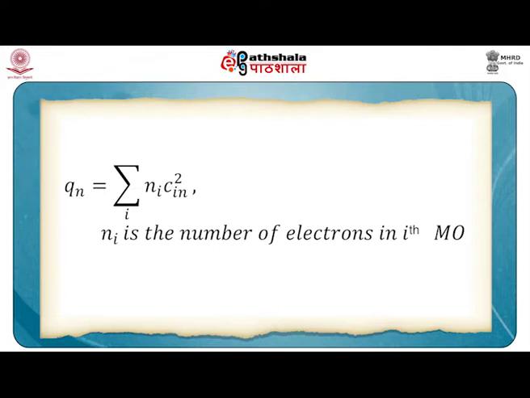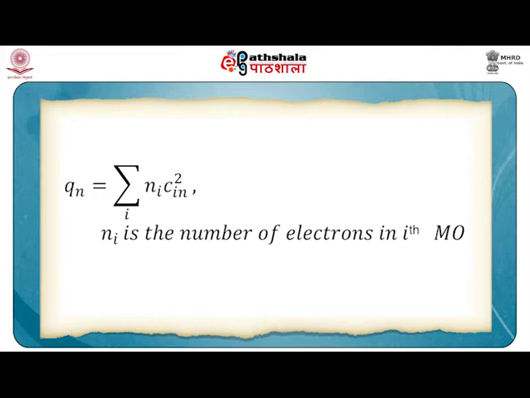Summation is over all i's. And here Ni is the number of electrons in the ith molecular orbital. If any molecular orbital is empty, then naturally the contribution will be correspondingly equal to 0.